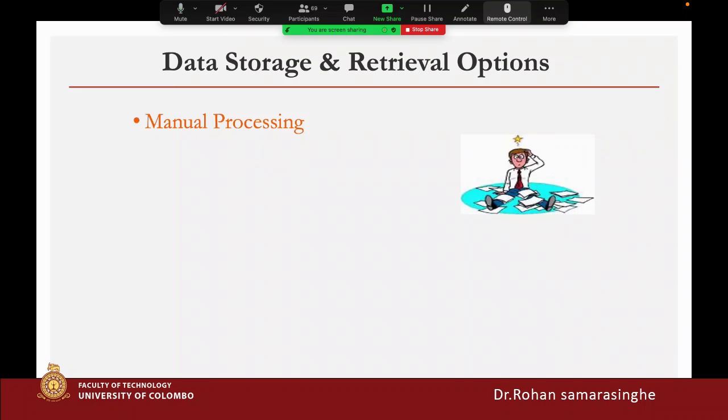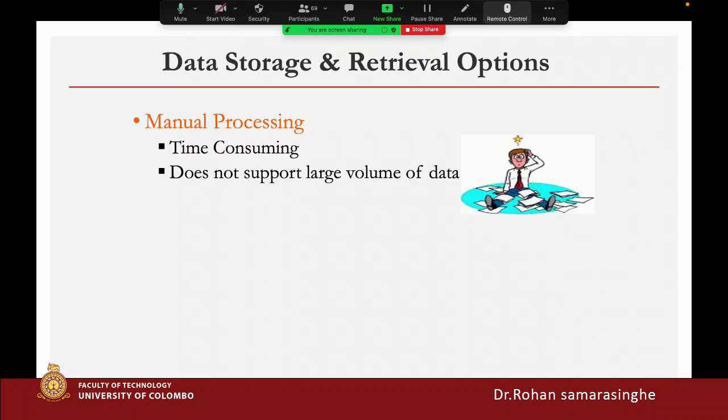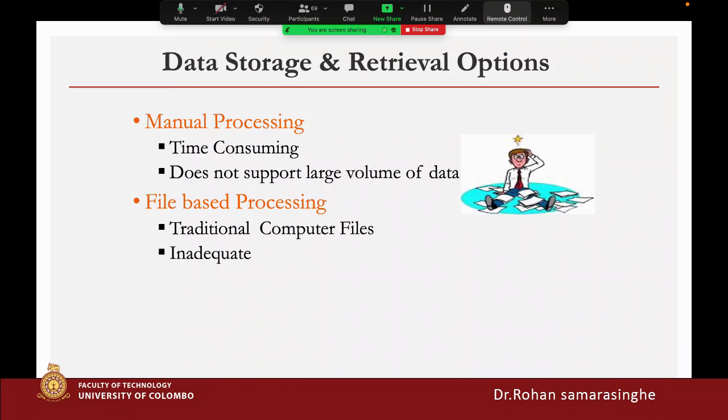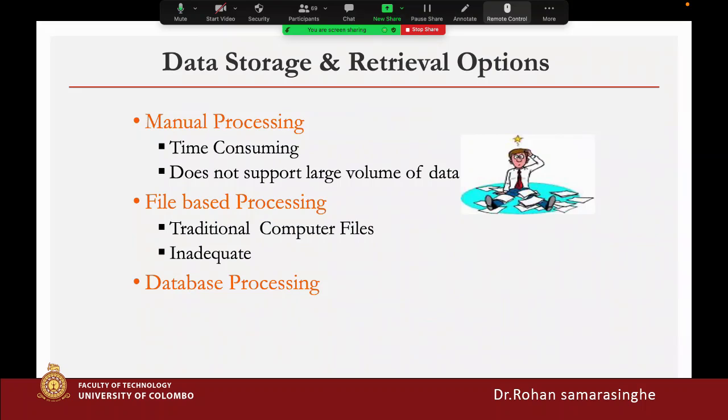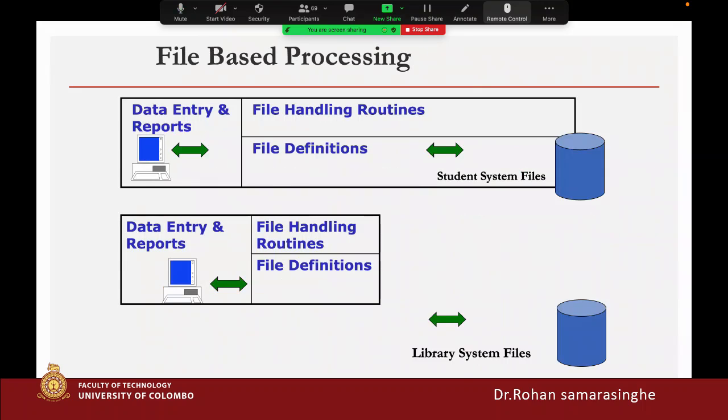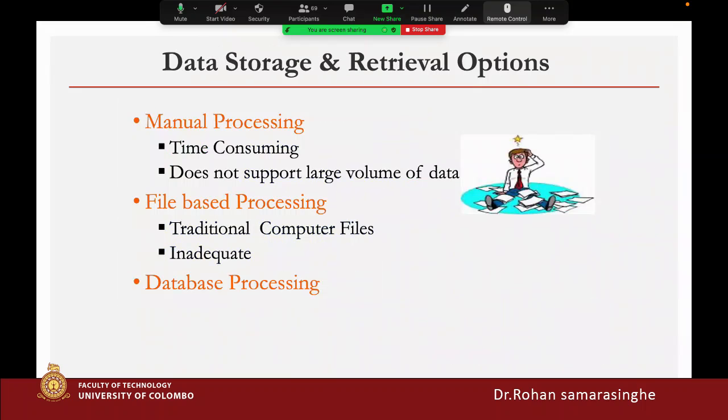I think it will exceed that before then. And this is time consuming, and manual processing does not support a large volume of data. And file-based processing, these traditional computer files, are inadequate for processing. And database processing, when we consider it, is very, very convenient and efficient for processing the data.